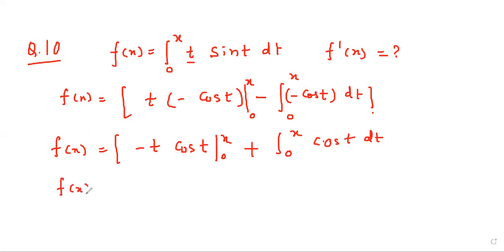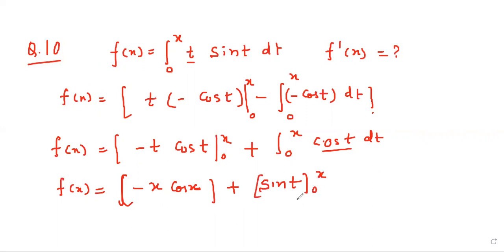So f of x equal to, if we put x here, it will become minus x cos x, and then after putting 0 everything will become 0, plus here integration of cos t is sin t, limits 0 to x, so it will become sin x.